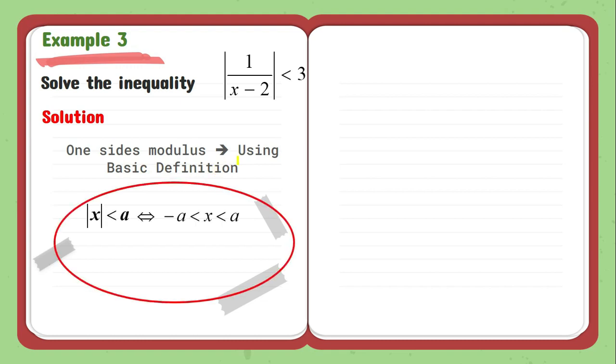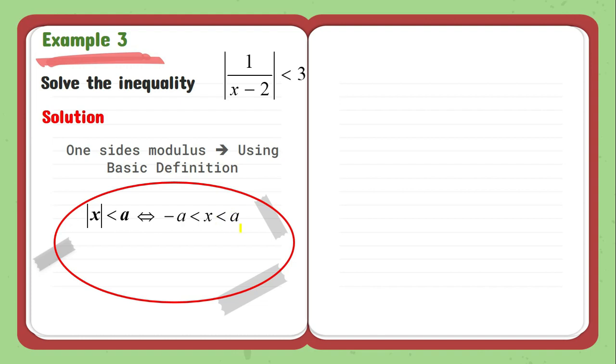Before we continue to our solution, we try to understand the basic definition. Absolute value of x less than a: we know that x is more than negative a and less than a.